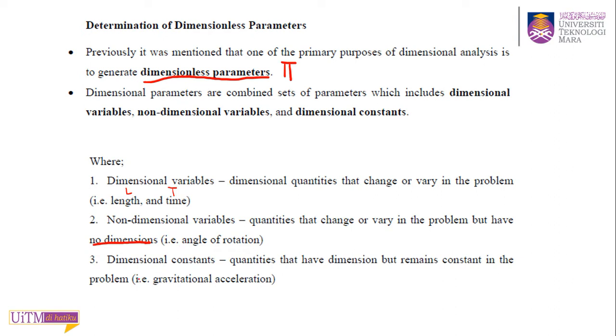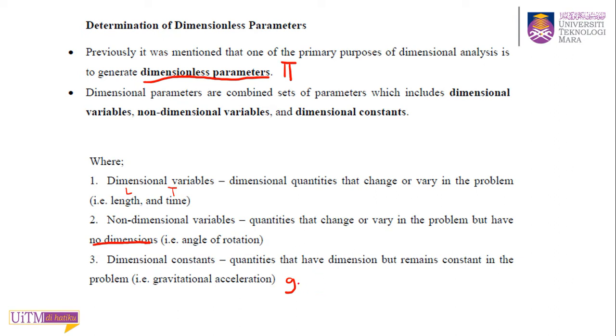The last thing is the dimensional constants. This is also quite common. A dimensional constant is a quantity that has dimension but remains constant in the problem. For example, g, the gravitational acceleration. If you want to find W, the force downwards, mg, the g is always constant but it has a dimension, meters per second squared.